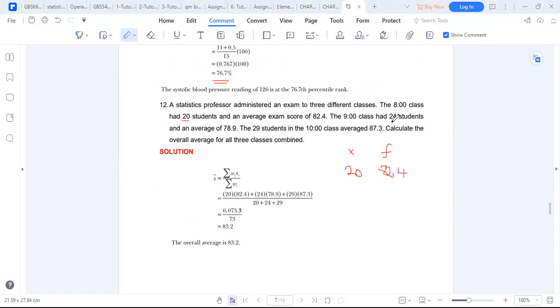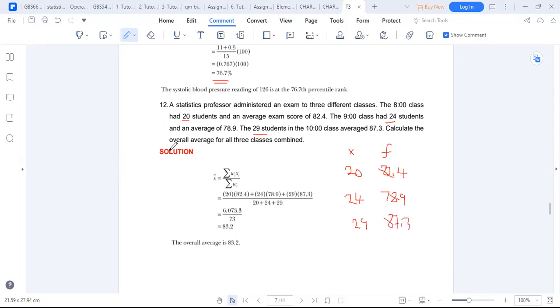And we had another test which had 24 students at 9, which had an average of what? 78.9. And finally, 9 students with an average of 87.3.